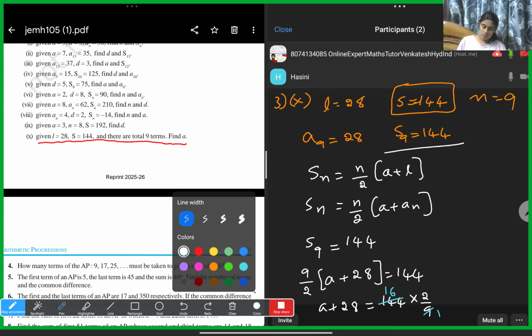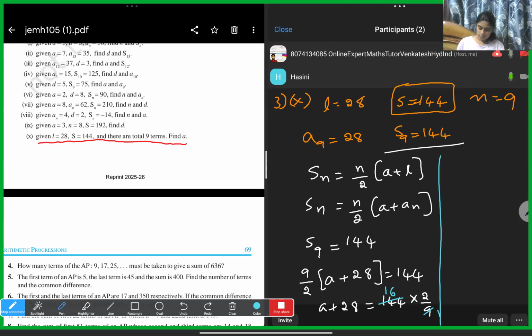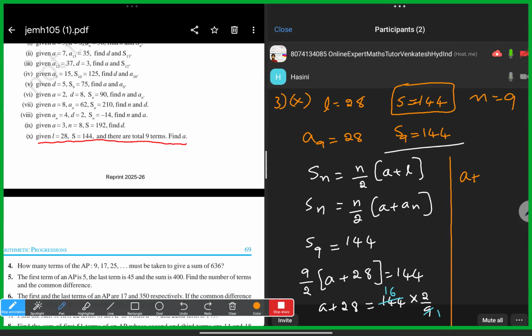Okay, sir. So A plus 28 is equal to 16 into 2, 32. A is equal to 32 minus 28.